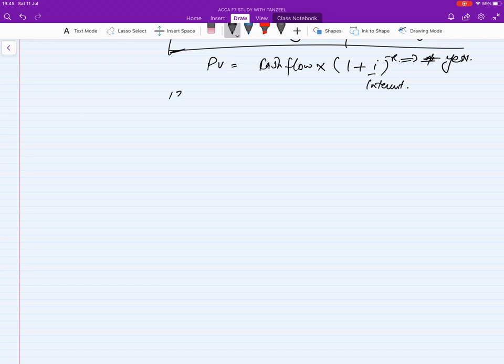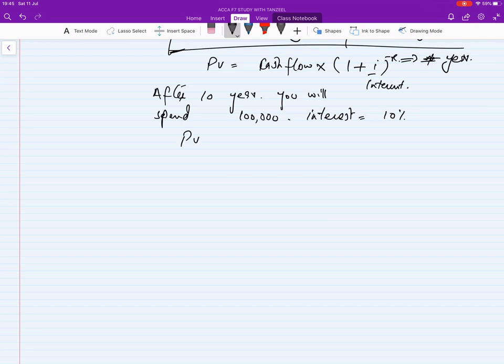Like if you say after 10 years you will spend 100,000 and the interest rate is 10%, you need to calculate the present value for this expense.